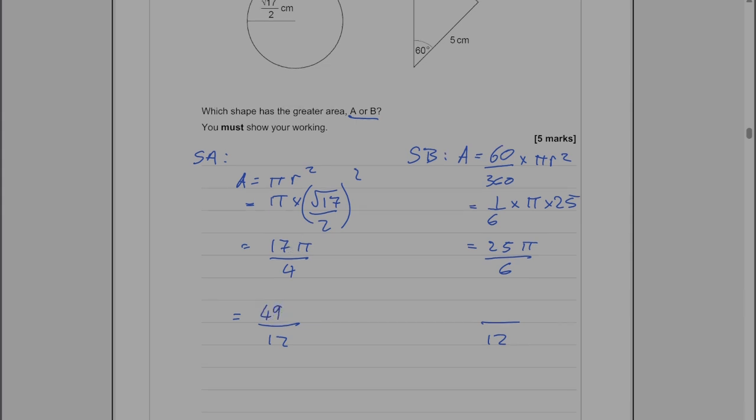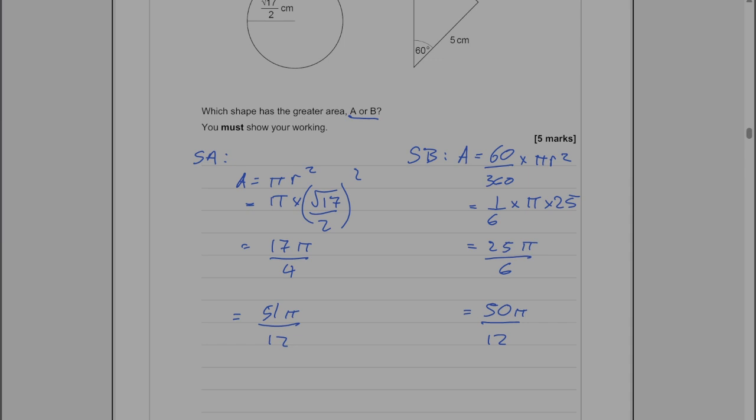No, it's not. 7 times 4 is 28, so 68. I feel like I made a mistake there. Yeah, 7 times 3 is 21. So that's going to be 51 pi, and that one's going to be 50 pi.